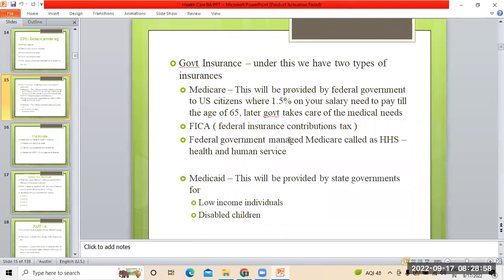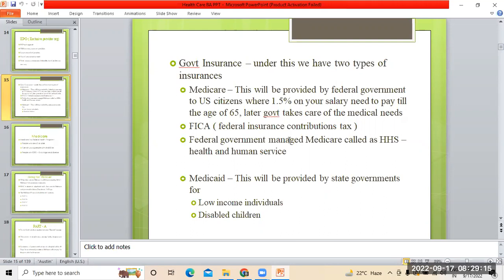Just because of those clauses, the insurance request should not be rejected by insurance organizations. So these are the amendments which normally happen at regular intervals.